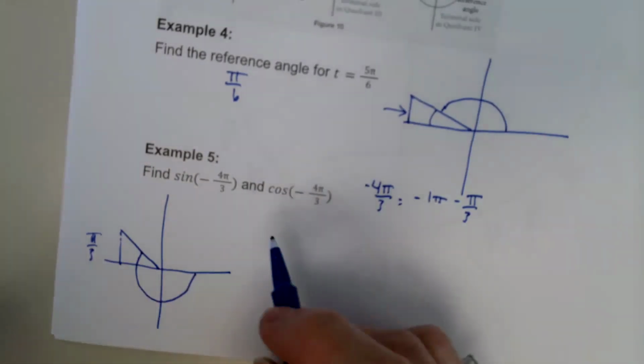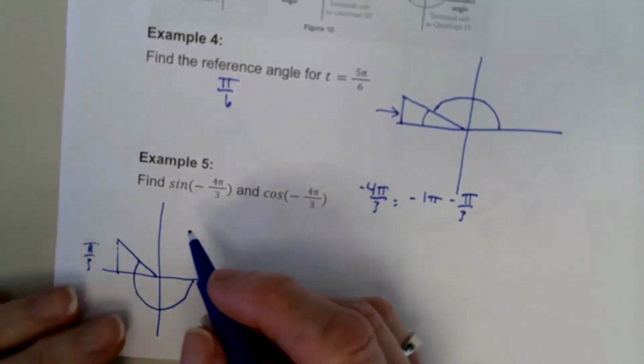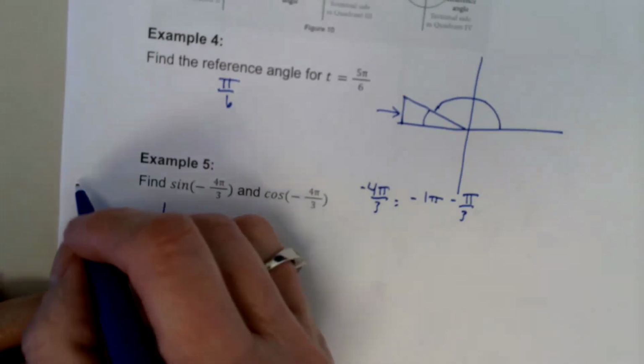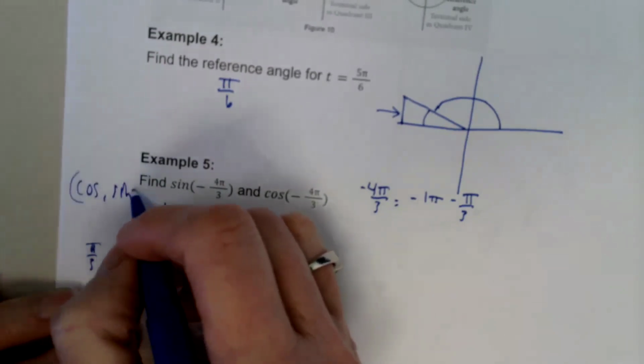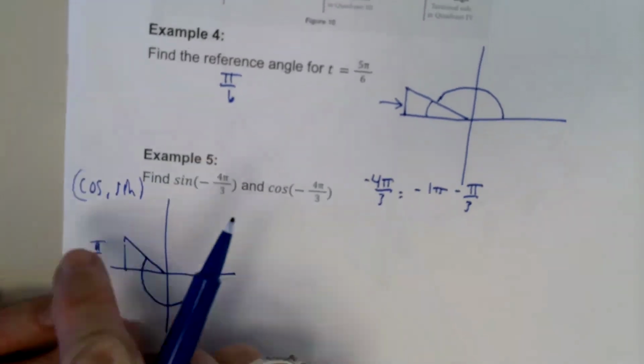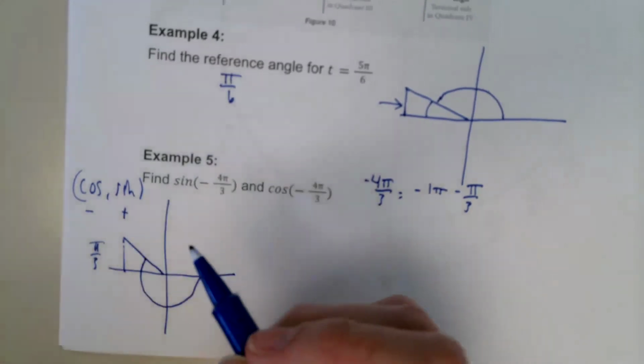Okay, and so we're talking about what is sine and cosine in that quadrant. So it's always cosine and sine, right? And cosine in the 3rd quadrant is negative and sine is positive.